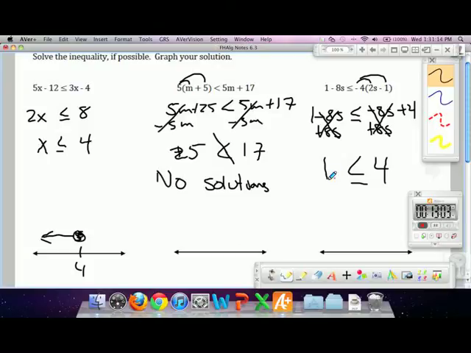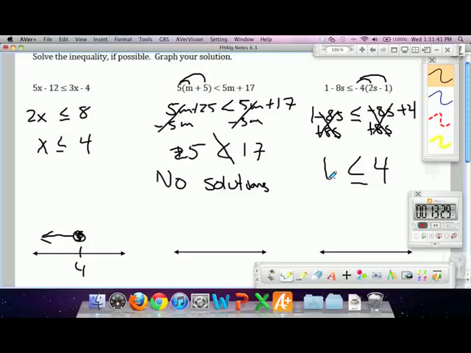No matter what s I pick, I will always get a true inequality. Why do I know that? Because when I solved this, I lost all the variables. So the only thing really impacting this is the 1 and the positive 4. Is 1 less than or equal to 4? Yes, indeed. So that means that this is always true.